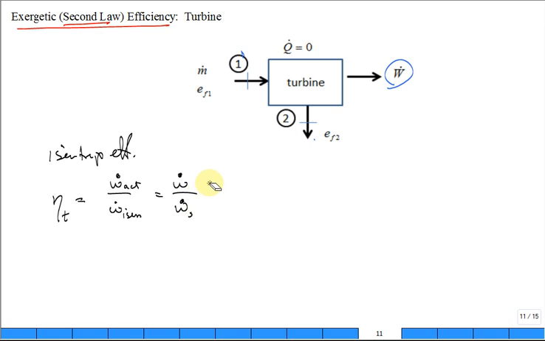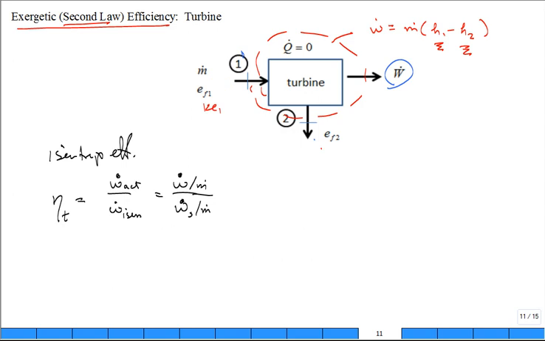Constant entropy is isentropic expansion through the turbine. Well, you can divide this by M dot, you can divide that by M dot. Didn't change the definition of the isentropic efficiency. And then when you do an energy balance around that turbine, we find from the first law that W dot is equal to M dot times H1 minus H2, the enthalpy in minus the enthalpy exit. What happened to the kinetic energy in, the kinetic energy exit?